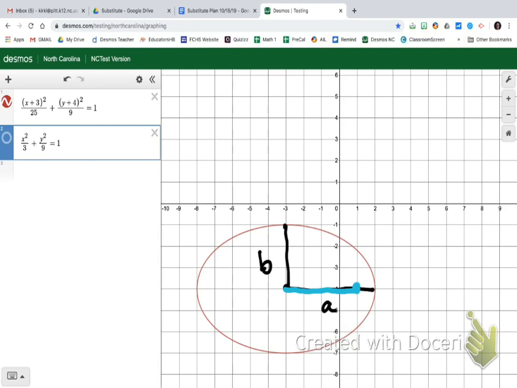So from there, we talked about the fact that this length right here is what actually made that right triangle, and that is the length of A itself from the minor vertices to the foci point. So we're just going to go back through and then we're going to find those pieces.